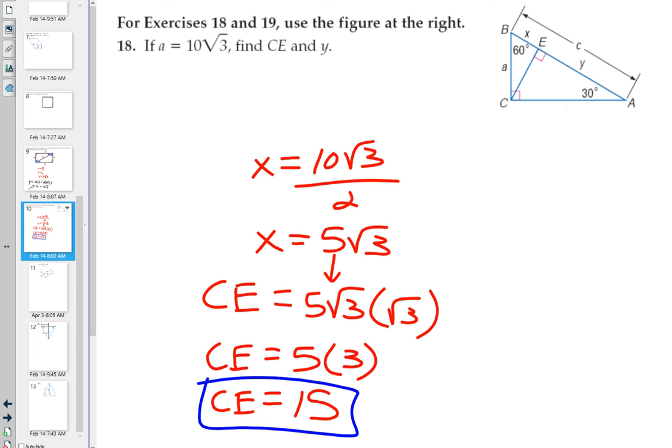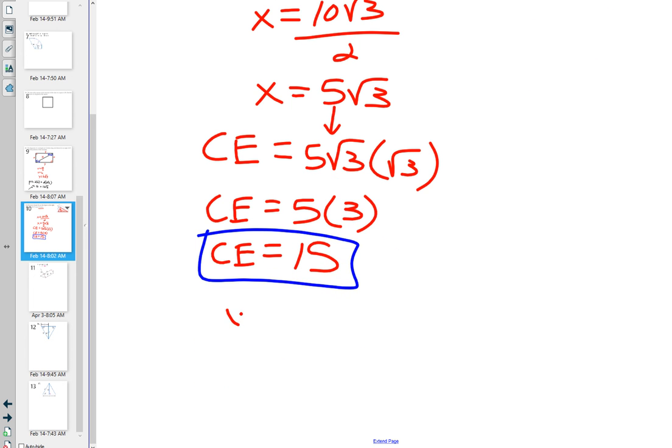And that CE that we just found, since it's across from the 30, what leg is that on the medium-sized triangle? That is the short leg. What side is Y? Which is the other thing they wanted us to find. It is the long leg, yes. Because the hypotenuse is over there. So it's the long leg. So how do we go from short leg to long leg? Short leg to long leg.